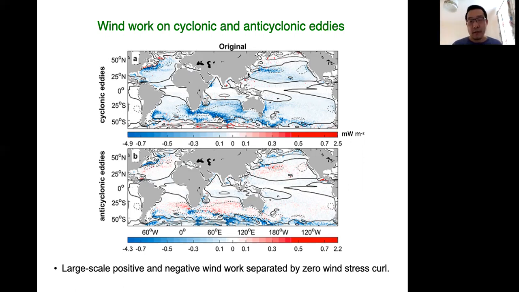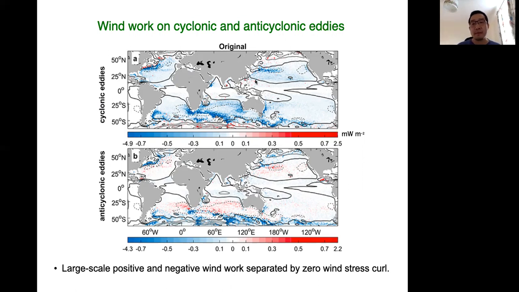The bold solid contours are the 10-year mean zero wind stress curve, which marks the boundary of subtropical gyres and subpolar gyres. There are large scale positive and negative wind work regions, separated by and large by the time mean zero wind stress curve.